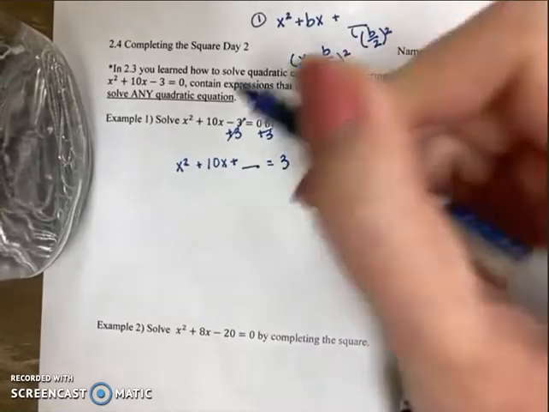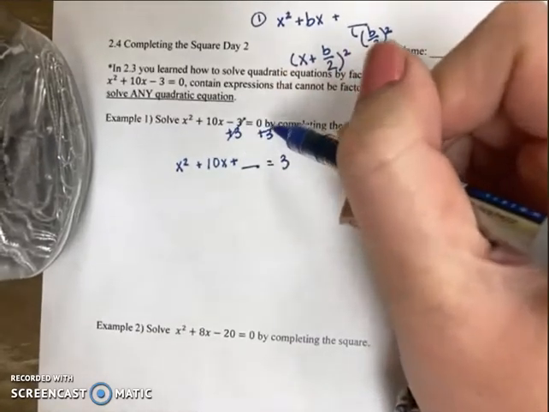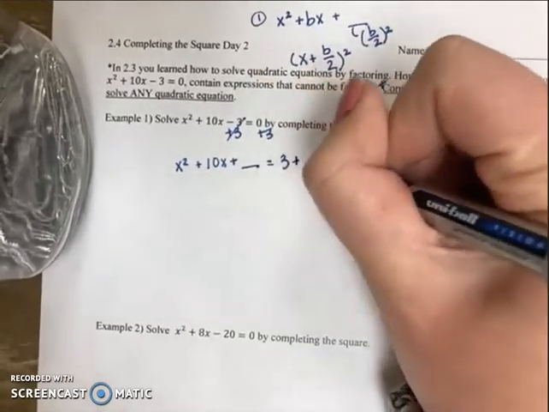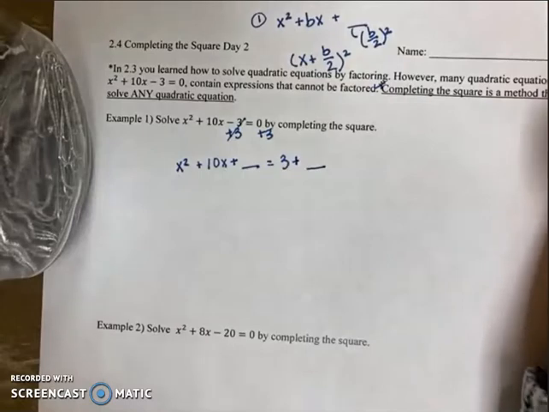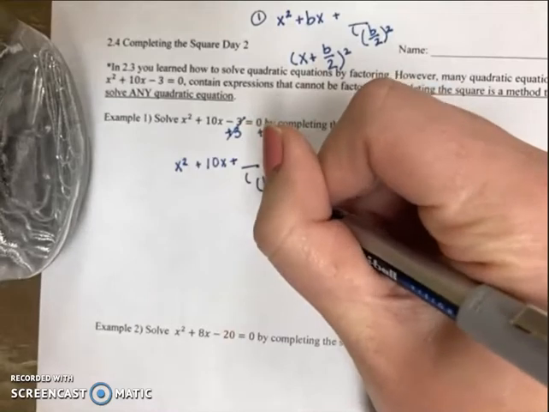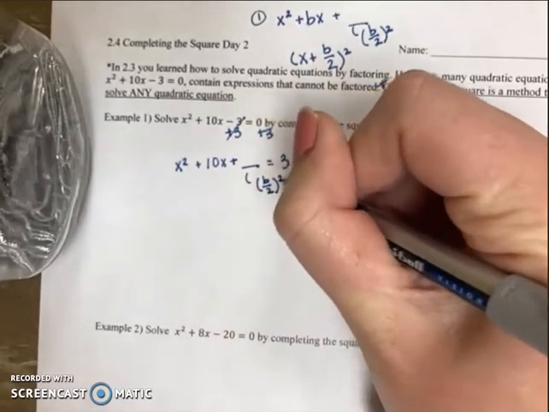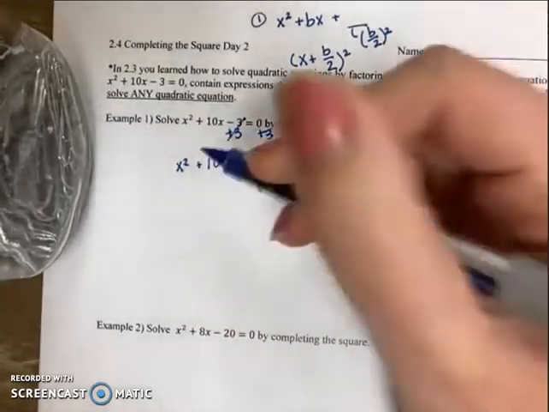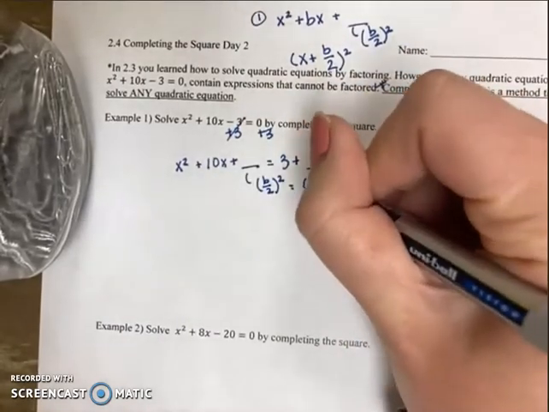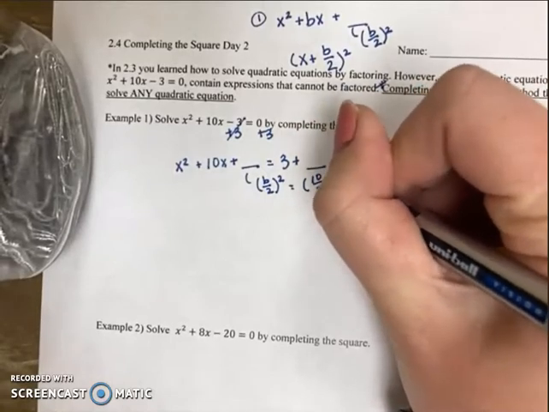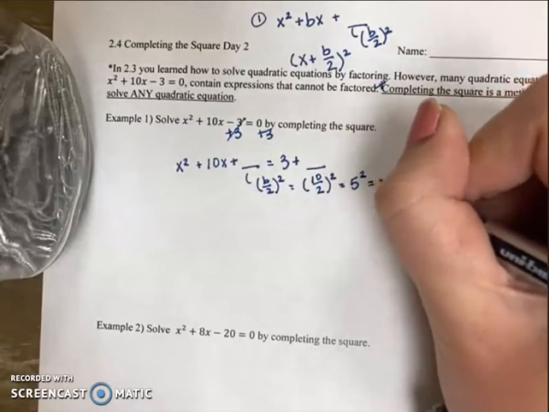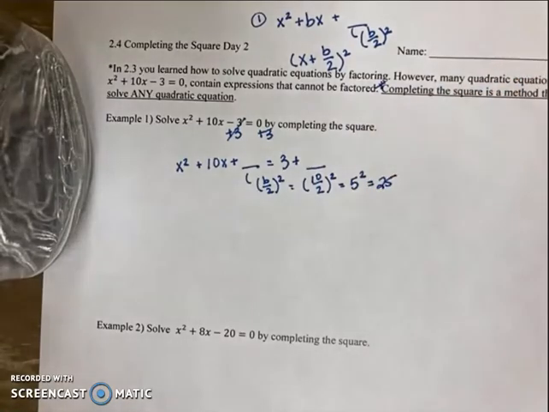Now, we need to add some number in order to rewrite it as a perfect square binomial. But like I said, what you do to one side, you have to do to the other. So if I'm adding some number here, I need to add some number over here. The number that we're adding is b over 2 being squared. B is the number that's in front of the x, so I have 10 over 2 squared, which is 5 squared, or 25.